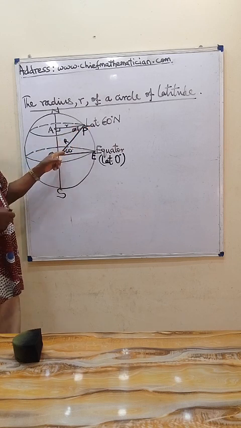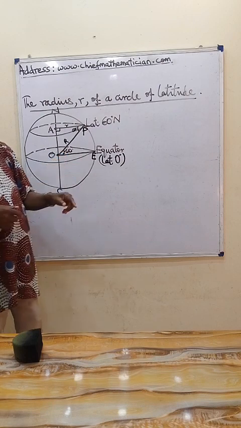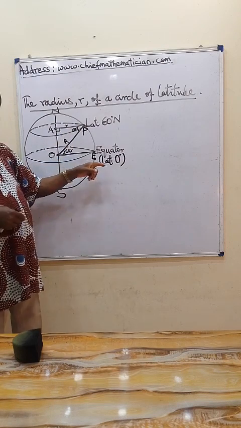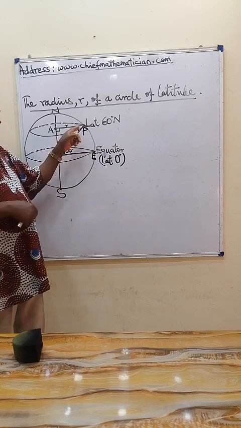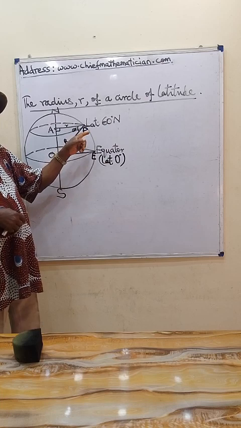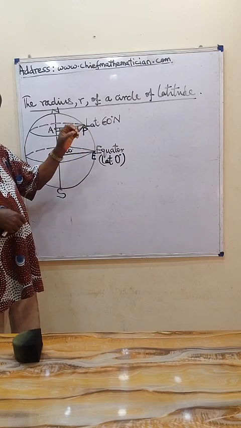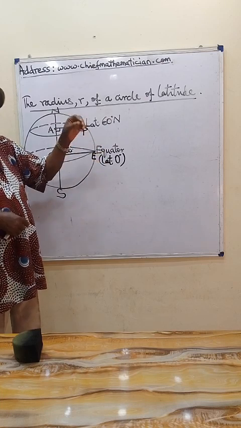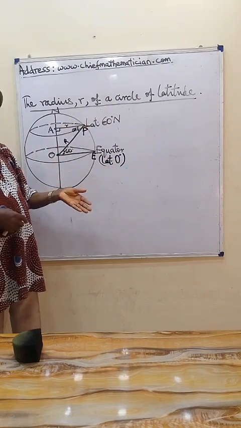Angle POE is 60 degrees. That is why we are calling this latitude 60 degrees north. Please take note. This is how we measure and give names to the circles of latitude.